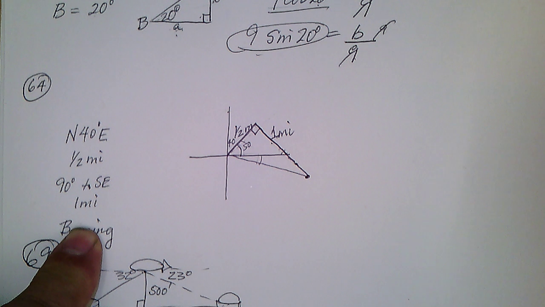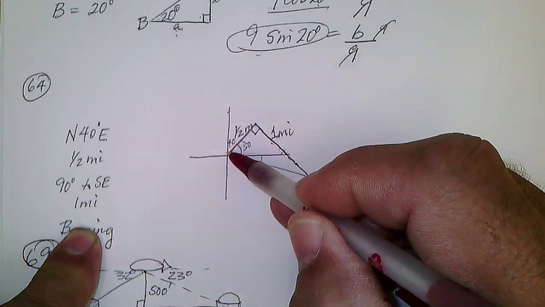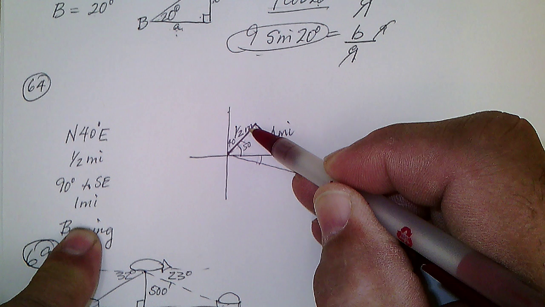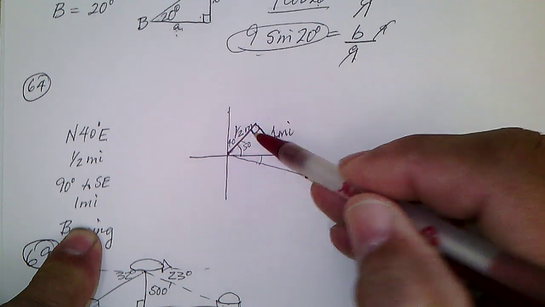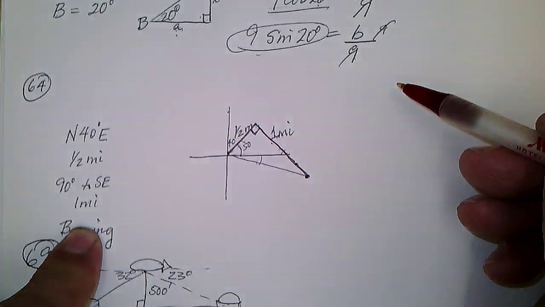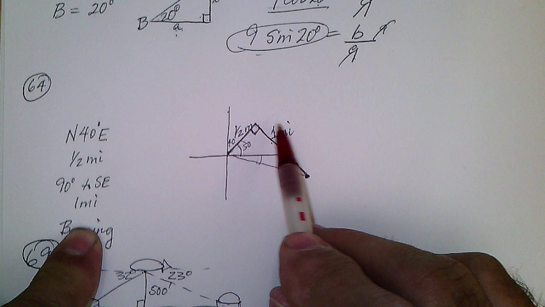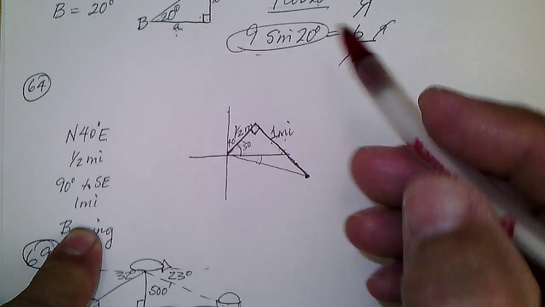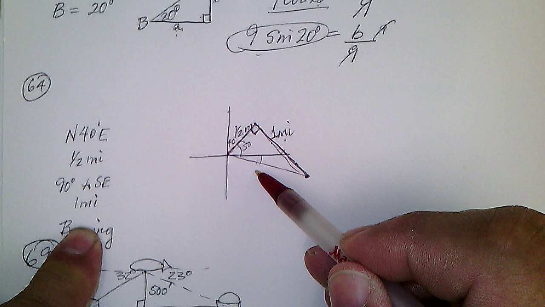Now what do we know? We know that this is 1/2, this is 90, this is 2, so we got side, angle, side. We could use the law of cosines, but at this point we hadn't got those. But we can do leg squared plus leg squared equals a hypotenuse squared.